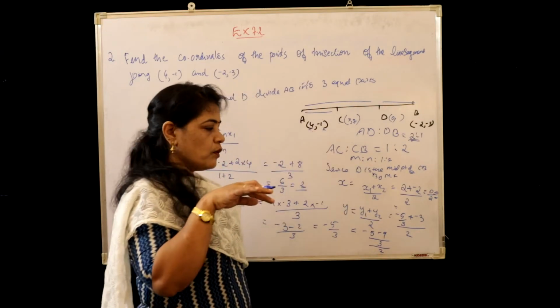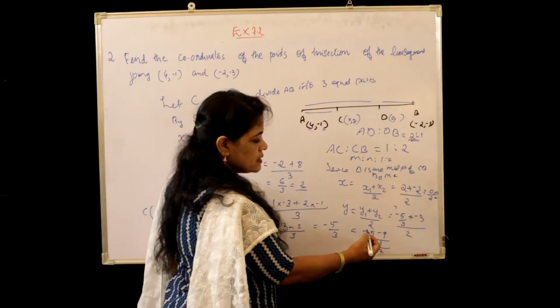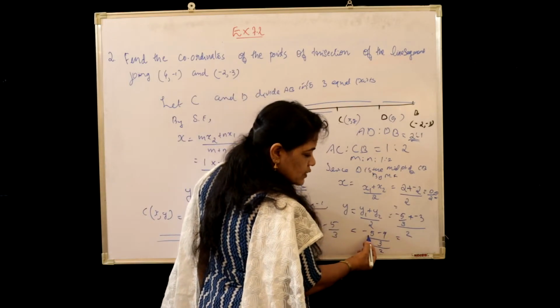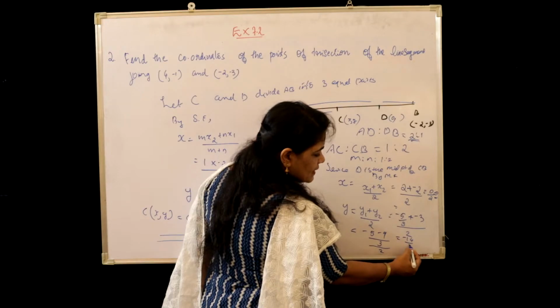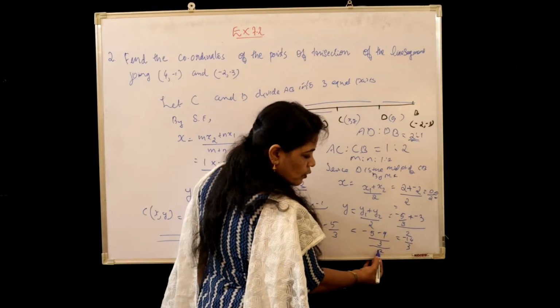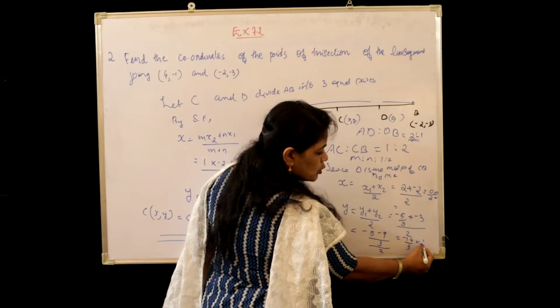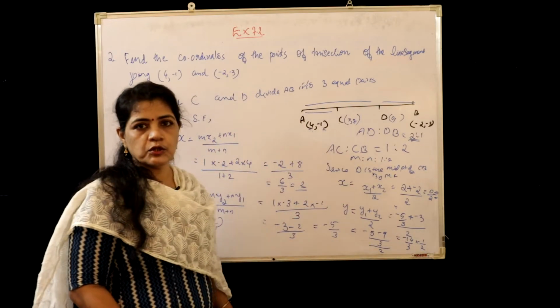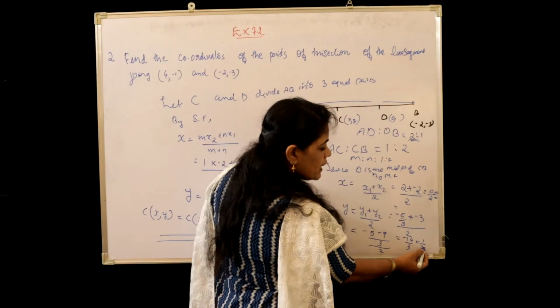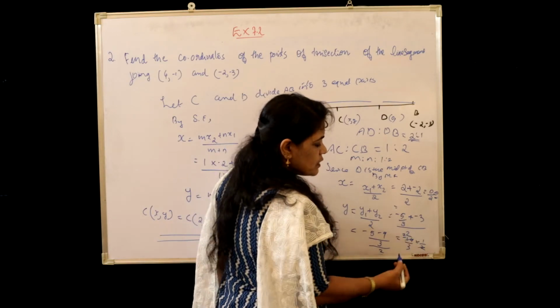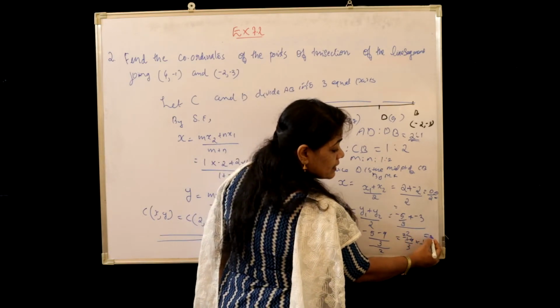So take the reciprocal and you will be getting minus 5 minus 9, minus 14 by 3, and take the reciprocal of 2, that is 1 by 2. 2 and its reciprocal is 1 by 2, and multiply. And 2 in minus 14, 7 times. So minus 7 by 3.